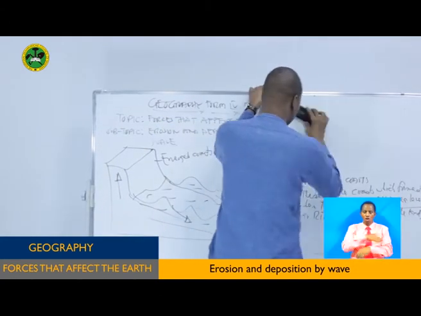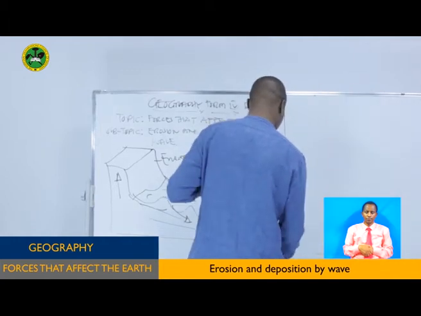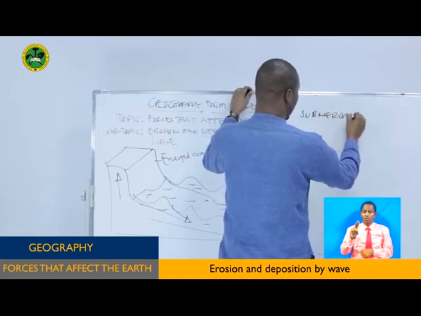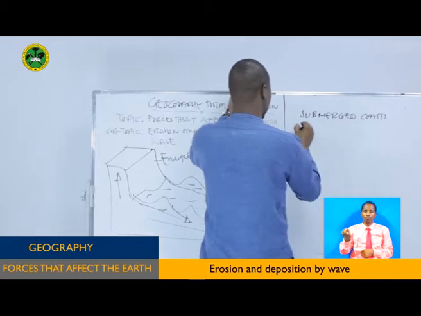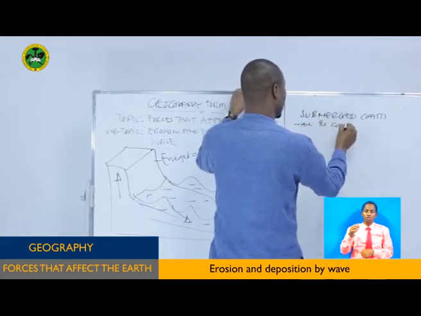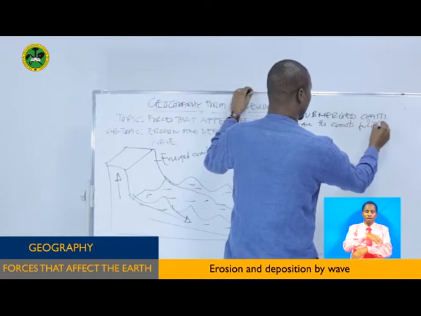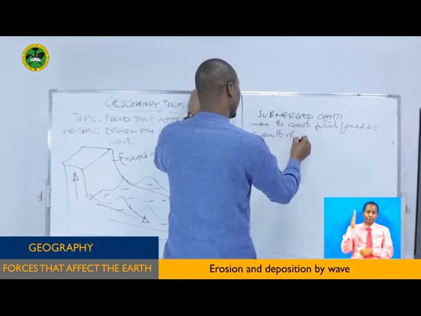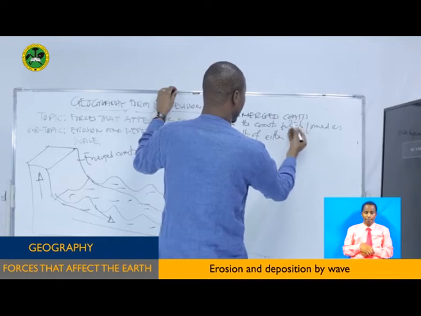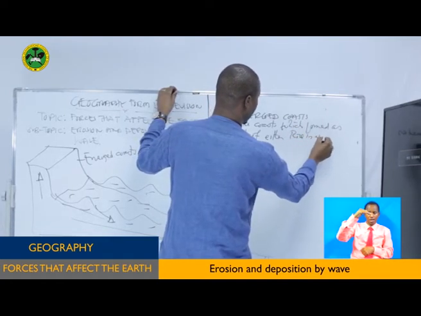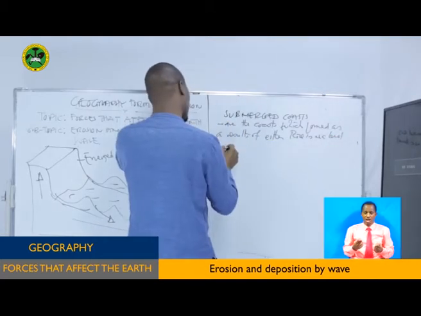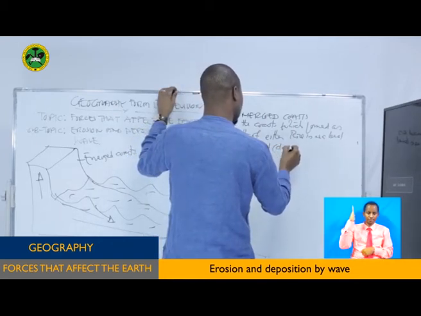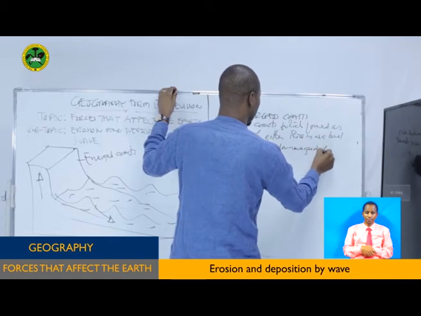The submerged coast is a coast which formed as a result of either rise in sea level or fall in land, the downward movement of the land.